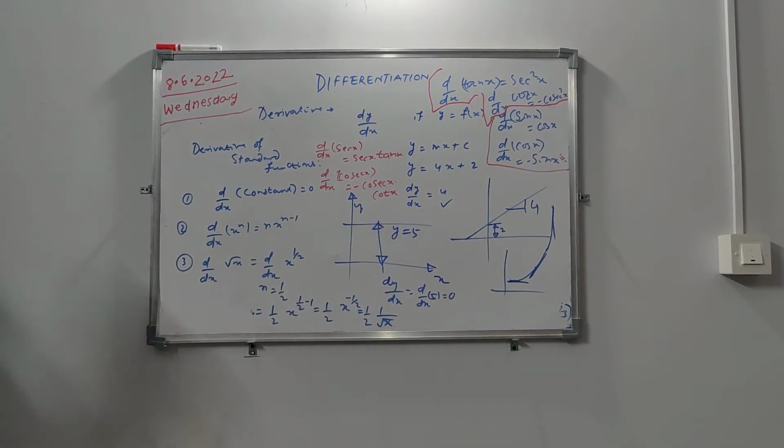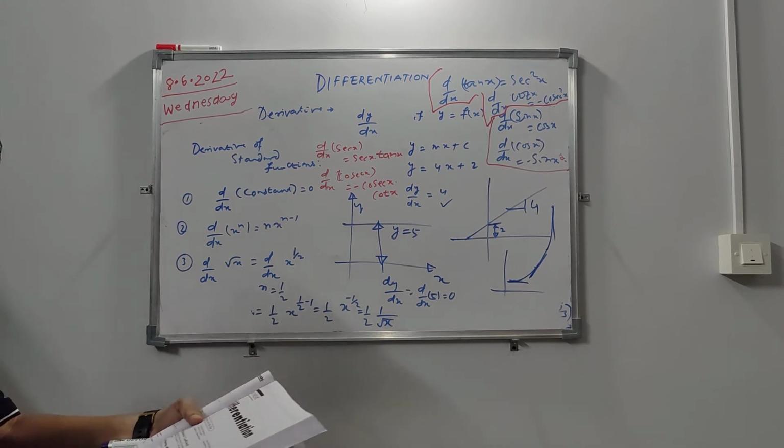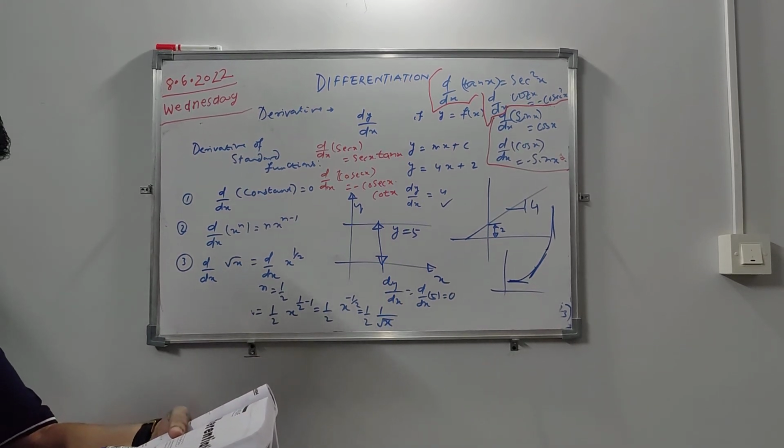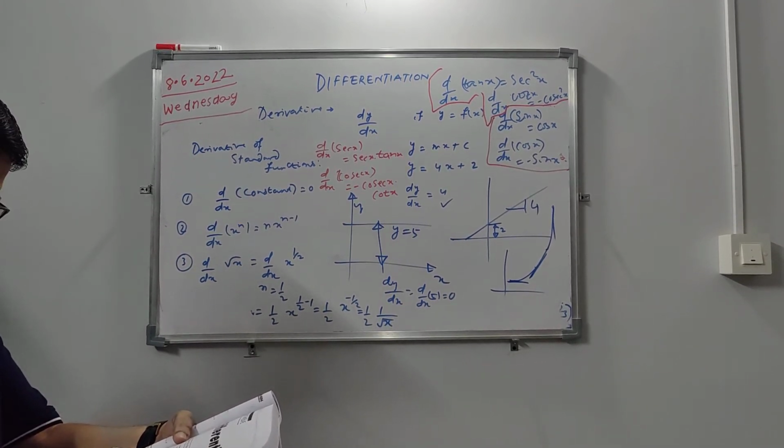So you can take a snapshot of it. So d by dx of cosec x is equal to this much.